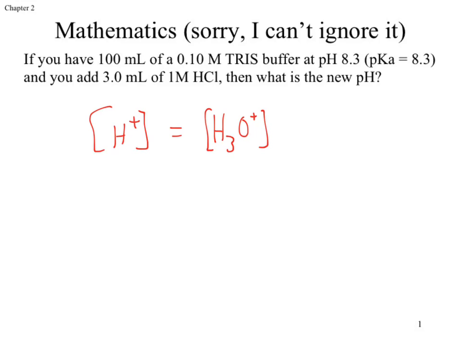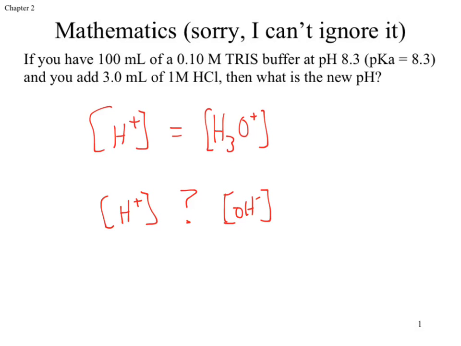Okay? The other relationship, how can we relate H plus and OH minus? What's the relationship between those? So, biochemistry, it's in water by definition. And what were you suggesting, Scott?